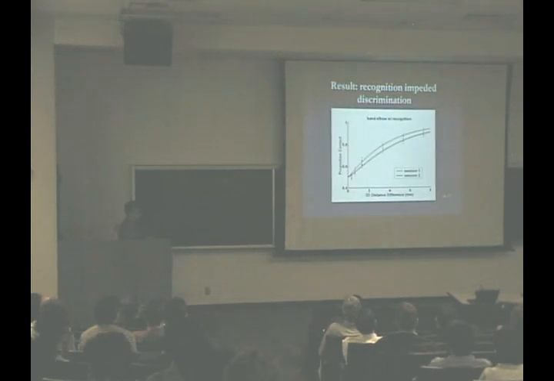And this is the result in terms of the psychometric measurement. The horizontal axis is the 3D distance difference between the two pairs of dots, and the vertical axis is subject's performance in terms of accuracy.